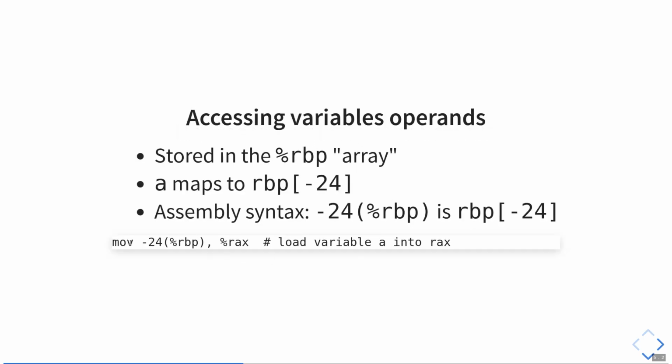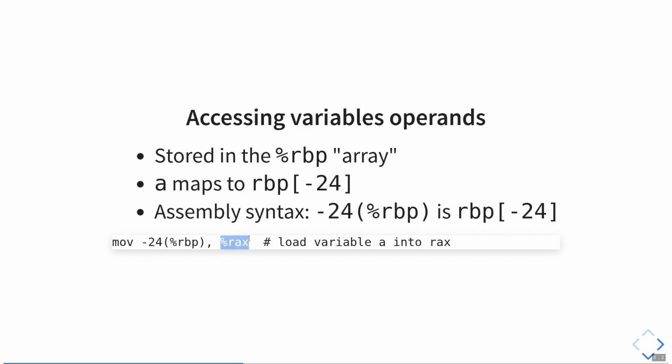So if we wanted to write an instruction to actually load a value from a variable and store it into a register, so remember a register is a small, fast-to-access piece of hardware on the CPU core, we can run, basically this assembly instruction is what does it. We would specify we want to load the value A, which is at -24, offset from the base pointer, into the RAX register.